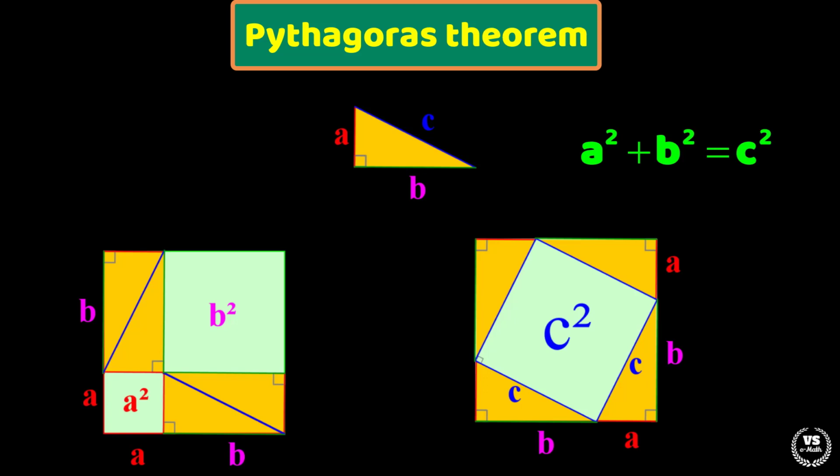The area of the four right triangles has also not changed. So, the remaining areas must also be the same. So, the area of the biggest square will be equal to the areas of the smaller squares added together.